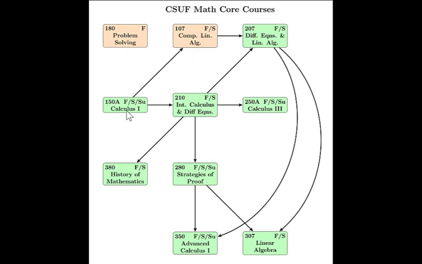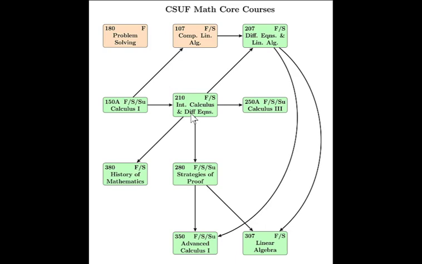The other course coming off of Calculus 1 is called Integral Calculus and Differential Equations, although in the catalog right now it'll have a slightly more imposing, intimidating title, Introduction to Laplace Transforms and Fourier Series. This essentially replaces the normal Calculus 2 course, which is taken by lots of engineers, computer scientists, and physics majors.